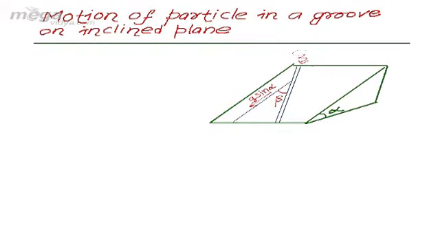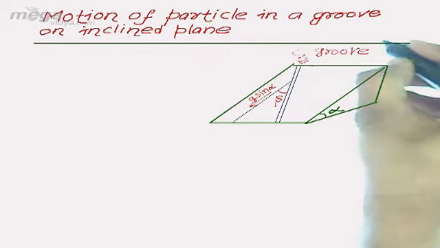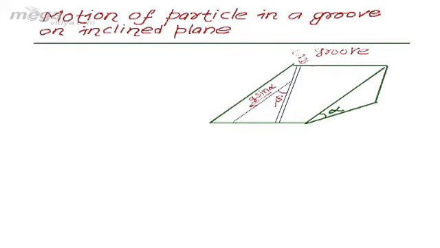As we had studied earlier, while moving along the line of greatest slope, the particle has acceleration g sine alpha down the incline. Now, the groove which we made here is inclined at angle beta with the line of greatest slope.